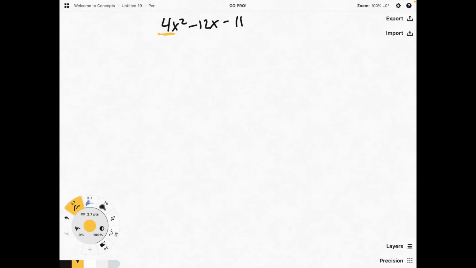So to do this, all we need to do is divide each term by that coefficient of a, or in this case 4. So if we divide everything by 4, that's going to leave us x² - 3x - 11/4. So now everything becomes normal.